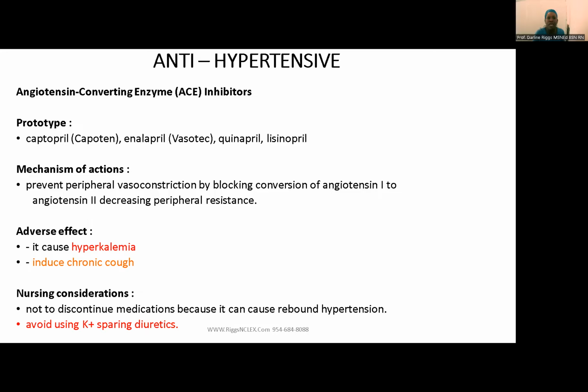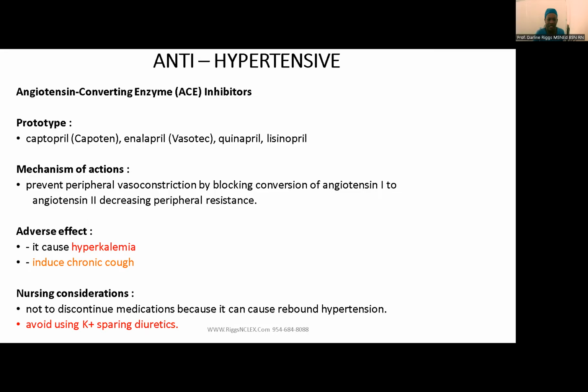Now, you would not mix an ACE inhibitor with a diuretic that holds onto potassium. That would be a problem. Expect hyperkalemia because you have 2 drugs holding onto potassium. That's a no-no.